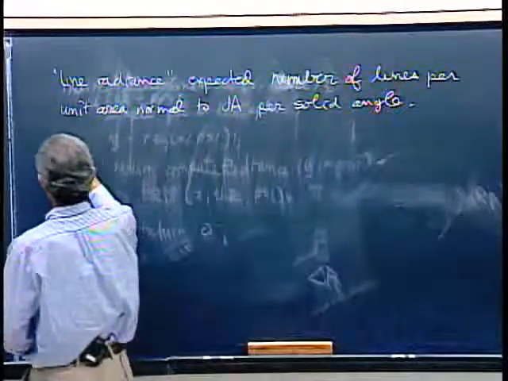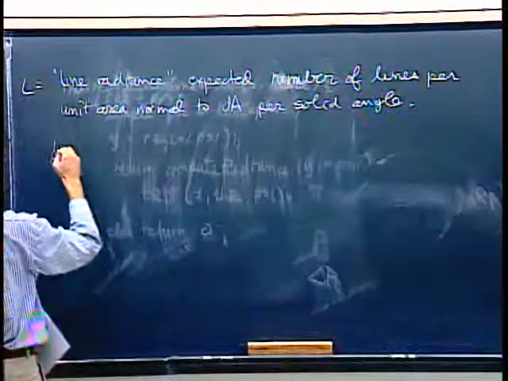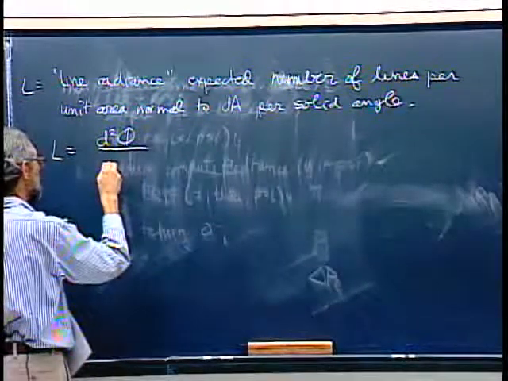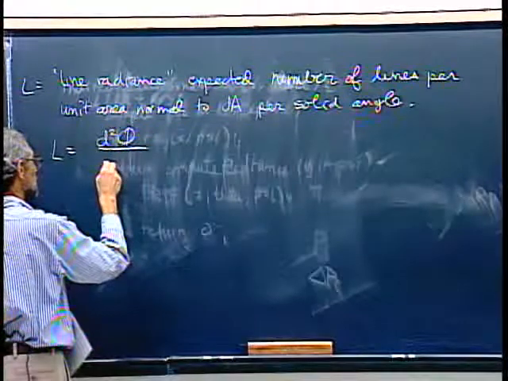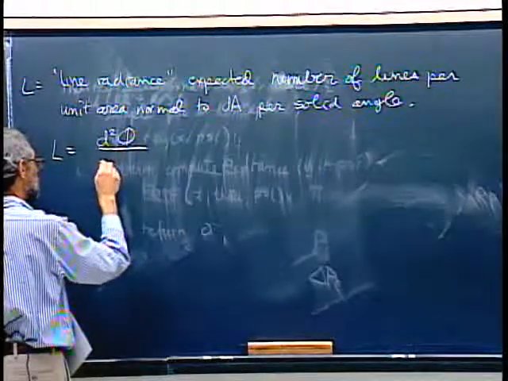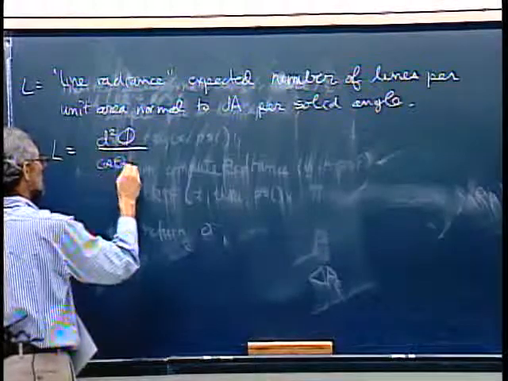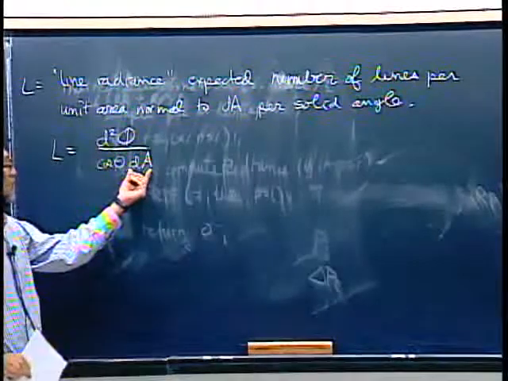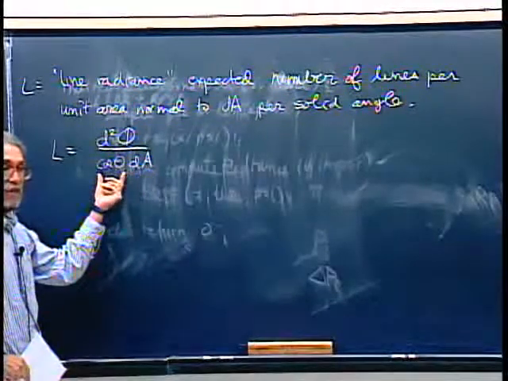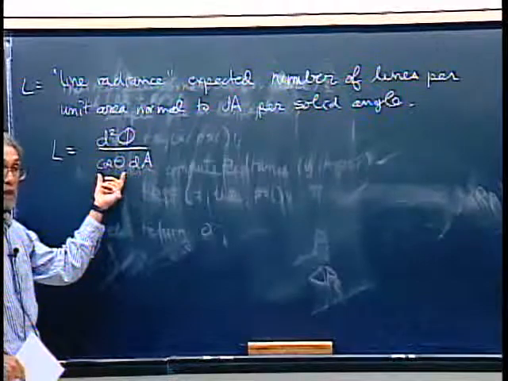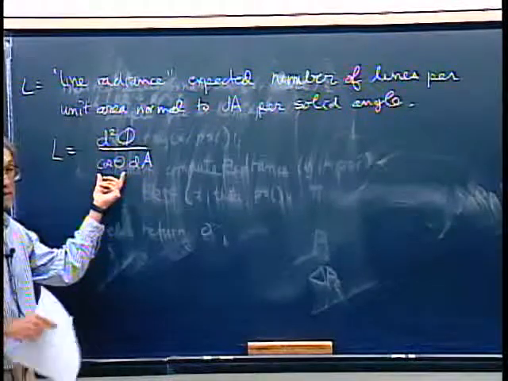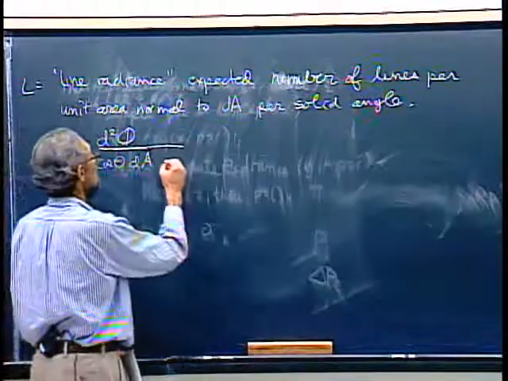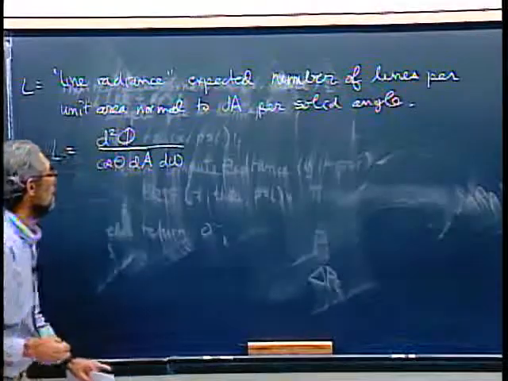And I'll call this L. So that's d squared phi divided by cosine theta dA, because the dA is my unit area that they're leaving. If it's going to be normal to the beam, I have to multiply that area by cosine theta to project it normal to the beam, like we always have been doing. And then per solid angle, this is the d omega.